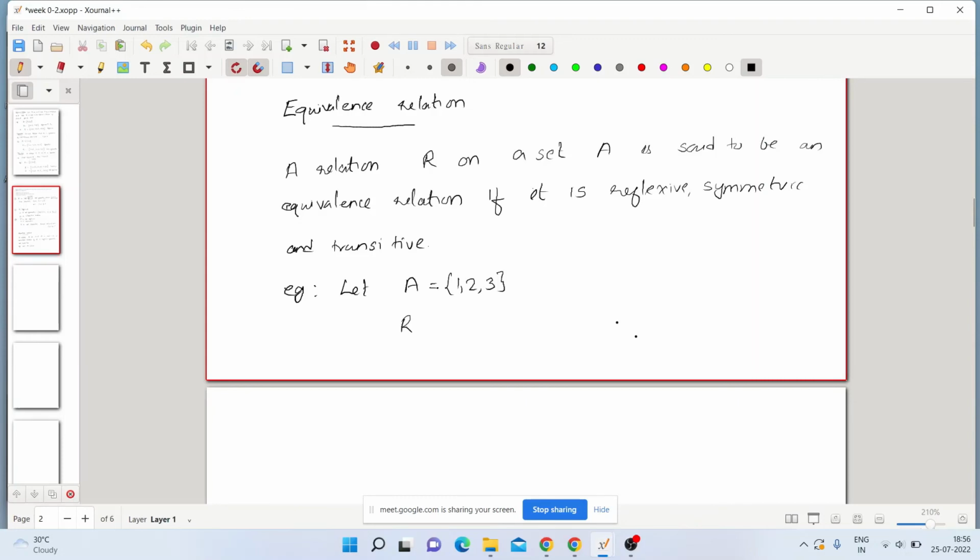That means corresponding to each element in B, there should be an element in A that is mapped to this element of B. This is the onto function.